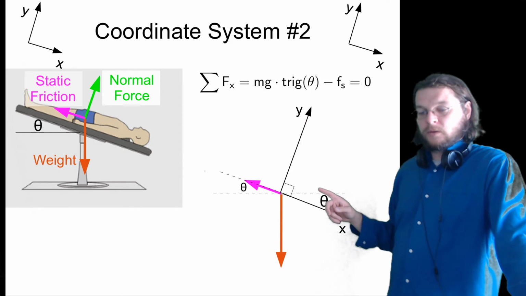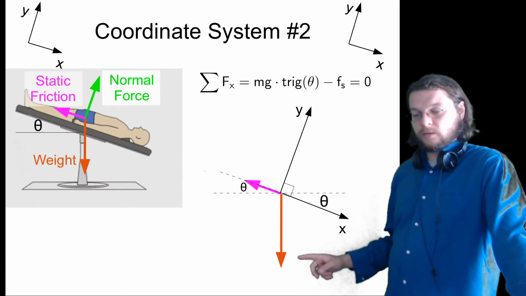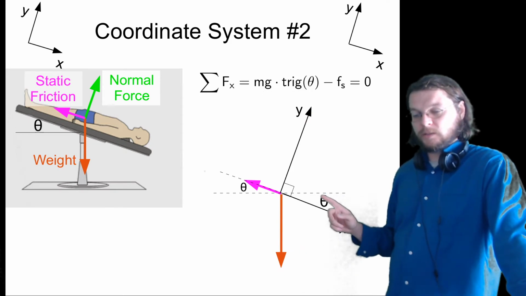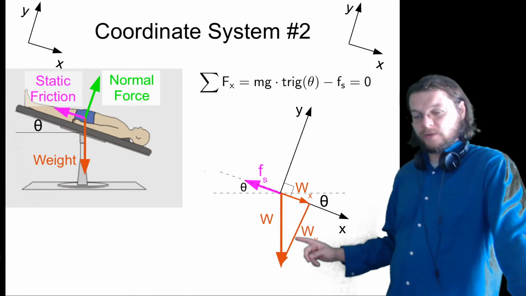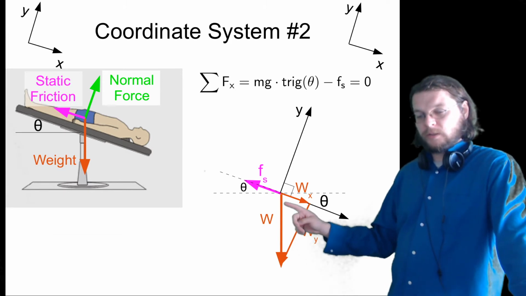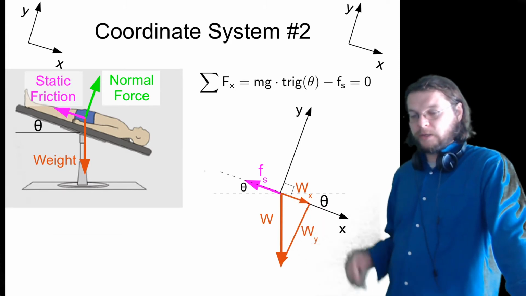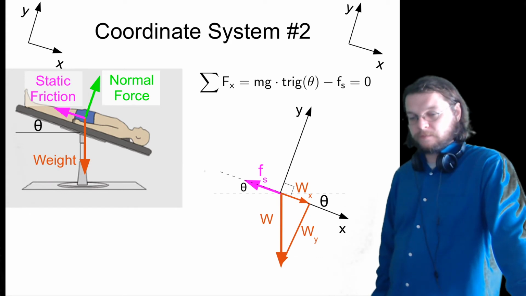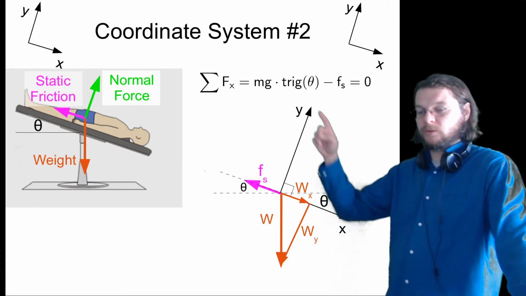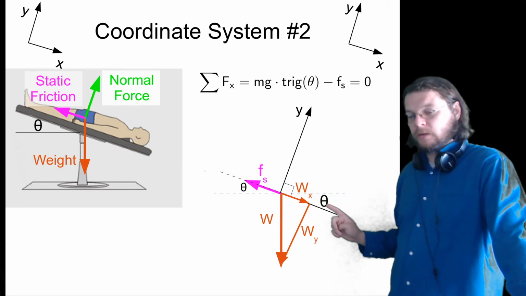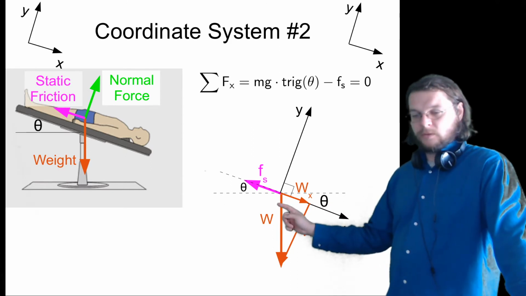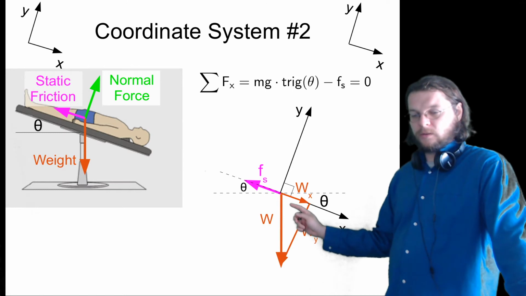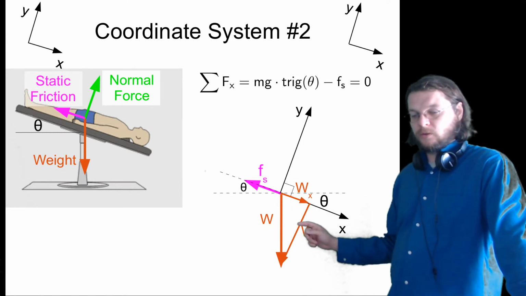All right. So we have a weight. So the weight is pointing down. We got this angle and this angle. And so I can kind of draw it like this. So if I could just figure out what this angle is here, I should be able to figure out what this trig function is. So one way you could do this would be saying, all right, well, this is theta, and then this thing is 90 degrees.